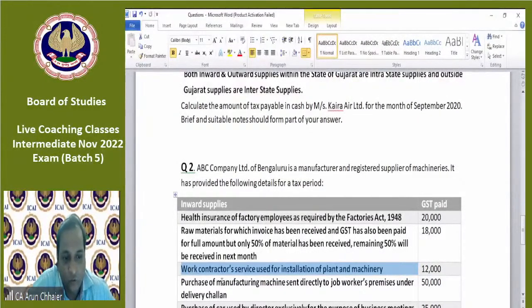Great. So work contract service used for installation of plant and machinery, 12,000. ITC would be available or blocked? Give me some reason.